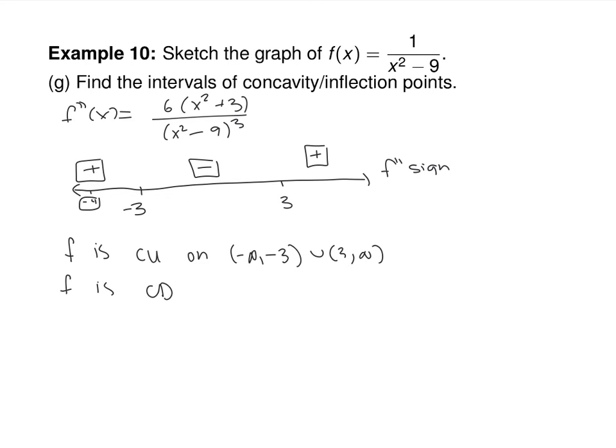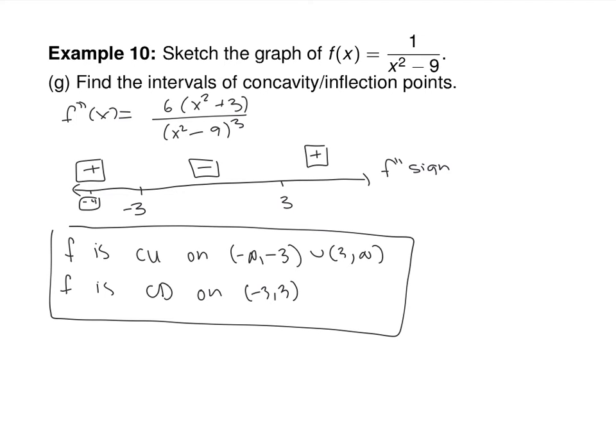F is concave down on -3 to 3. Inflection points, are there any? 3, -3. Oh, they don't count, so technically there are none. There is a change of concavity that happens at the asymptotes, but they're not points on the graph.